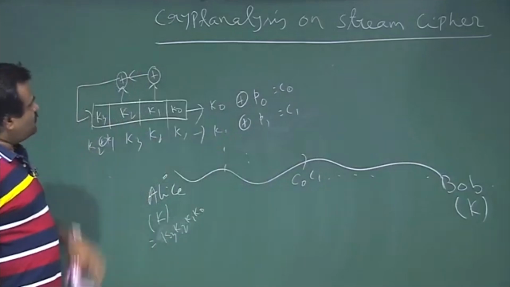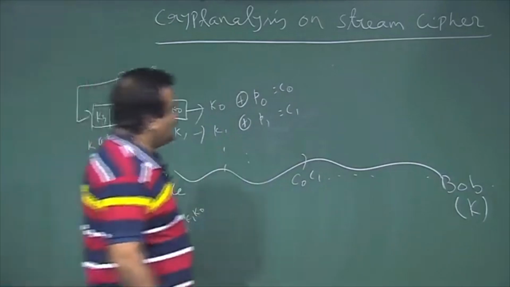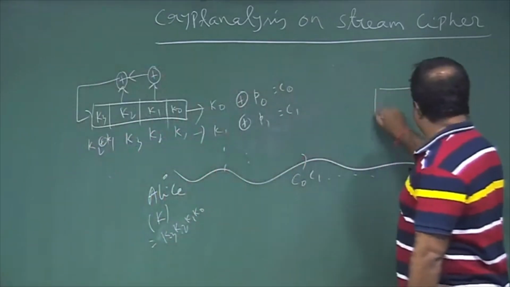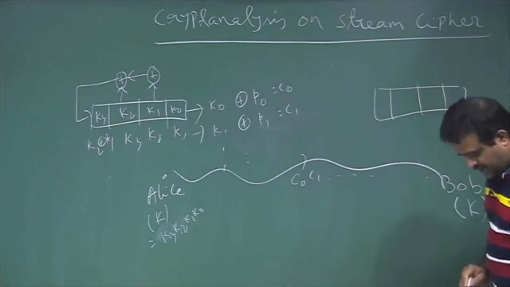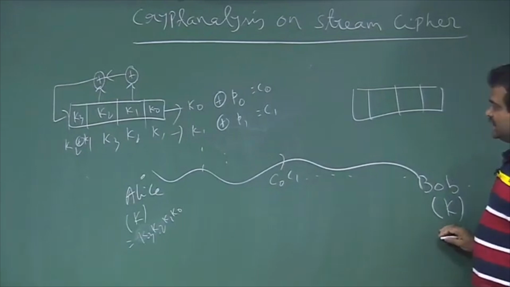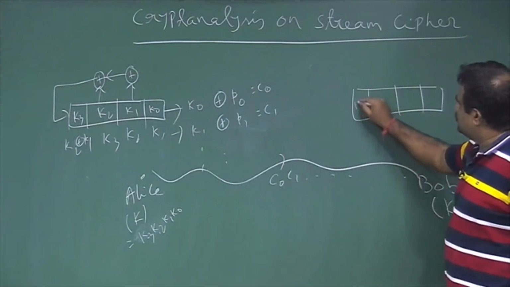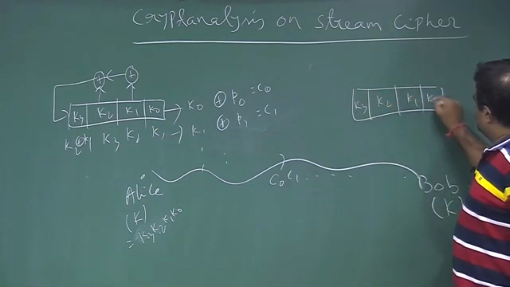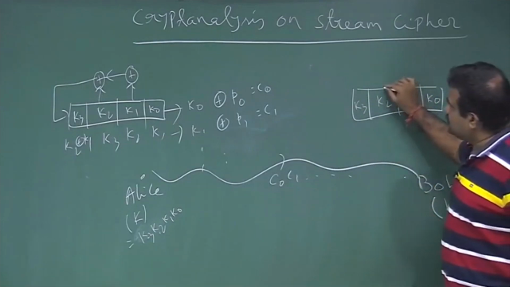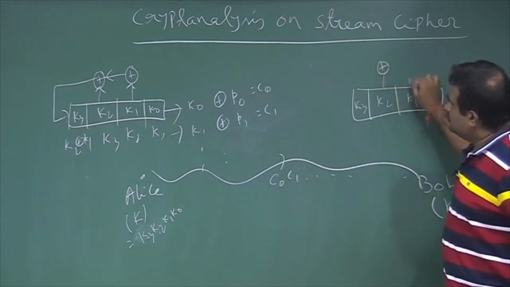Now how will Bob decrypt it? Bob has the same LFSR, the key stream bit generator, and the same key, which is the secret key shared between Alice and Bob. So Bob will initialize the state by this key, and it is the same LFSR.